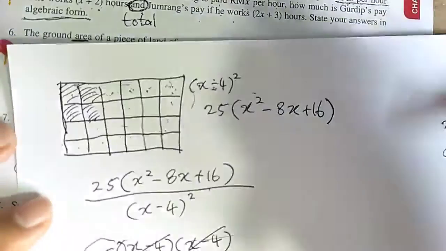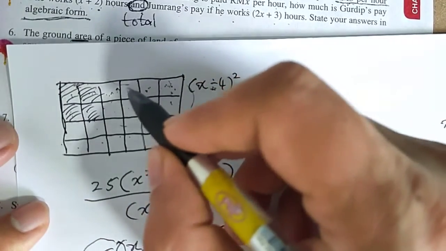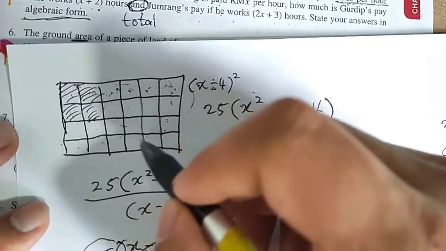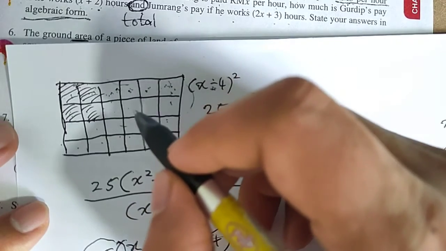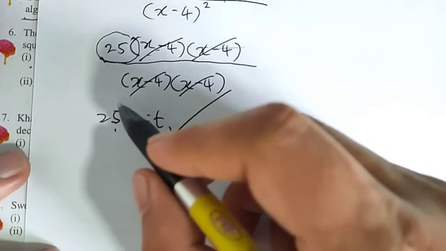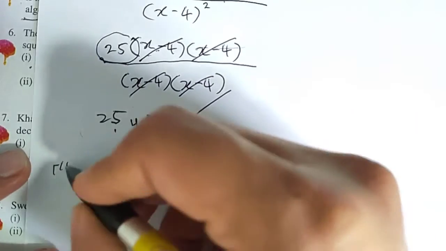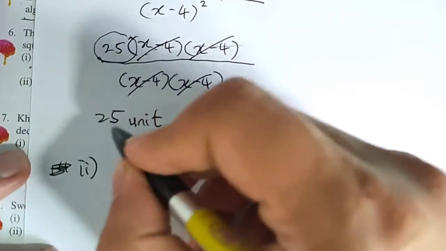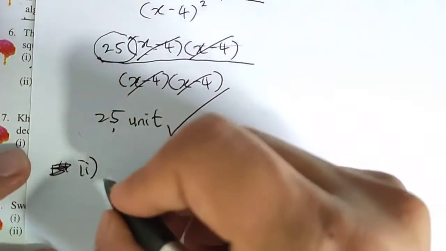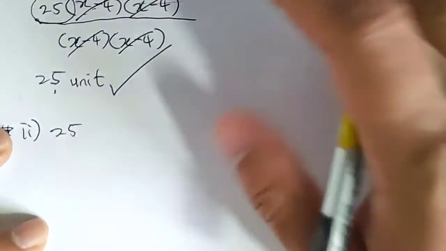So we count. We're going to count what is left to find the answer. But we don't know it yet. All we know is that all the parking lots are 25 units. And all that we know is 4 are taken.